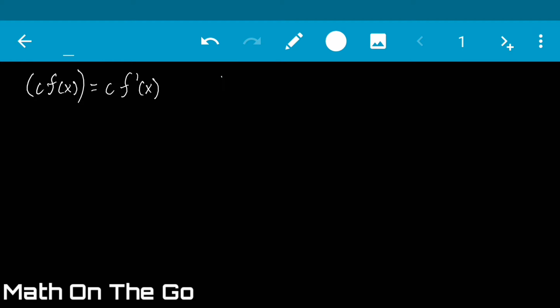Let's say we have f of x equals the square root of 3x. All right, let's break this down a little bit more. We have f of x equals the square root of 3 times the square root of x.